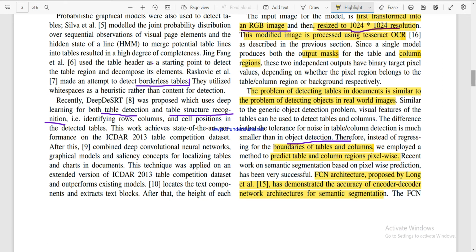Similar to the generic object detection problem, visual features of the table can be used to detect tables and columns.